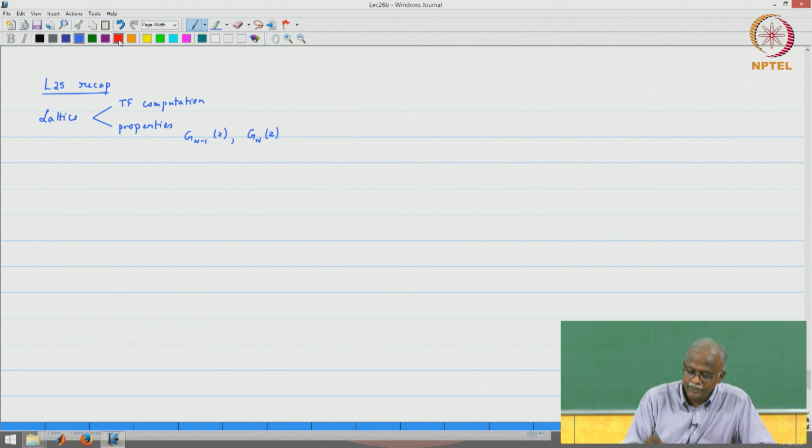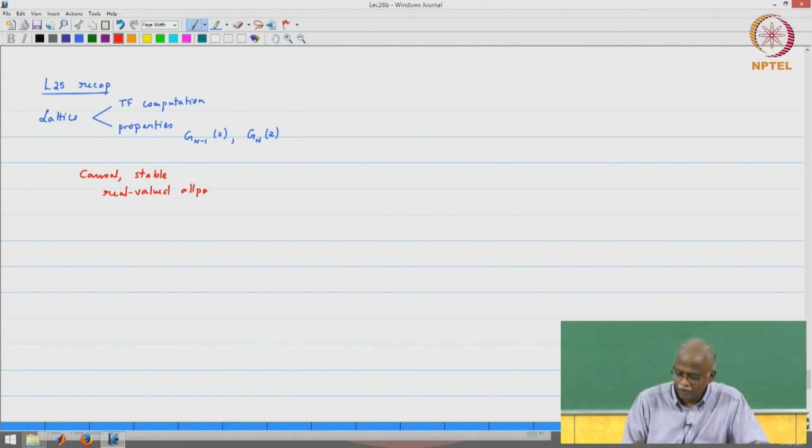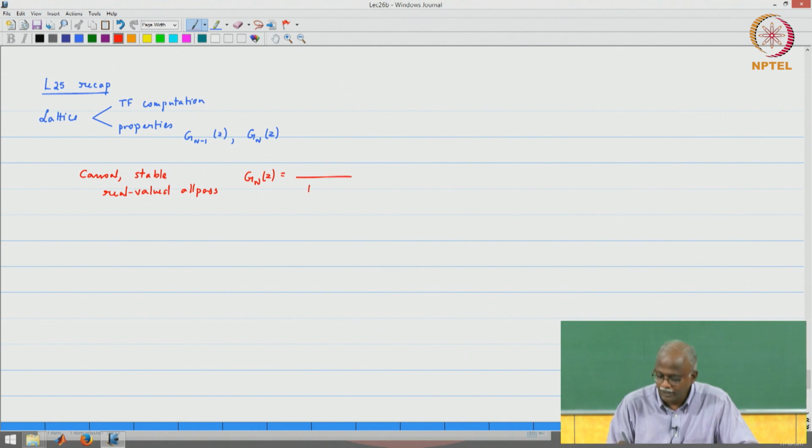So in our case, the lattice structure did the following. If I had a causal stable real valued all pass transfer function, you do not have to specify real valued, but most of the time that is what we are interested in, then we said that Gn of z can be written using the paraconjugation property, with a denominator polynomial Bn of z, and numerator z power minus n times the paraconjugate Bn tilde of z.